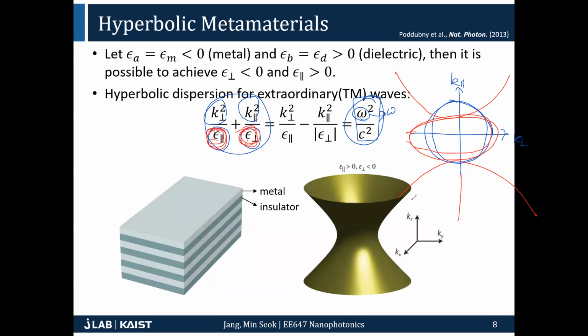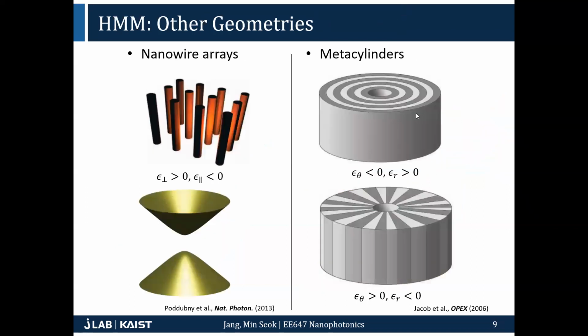So why is this important? Okay, you can understand that this is strange, but why is it important? The reason is that there are many ways of creating a hyperbolic isofrequency surface using metallic nanowires or meta cylinders looking like this.